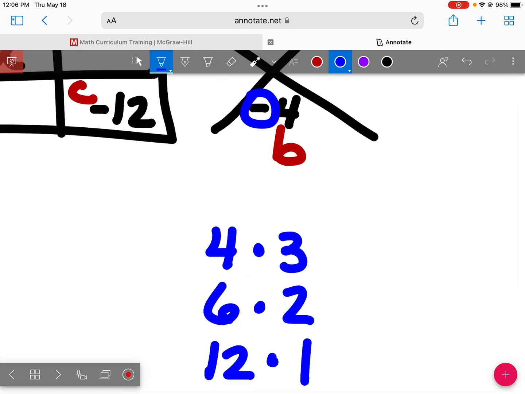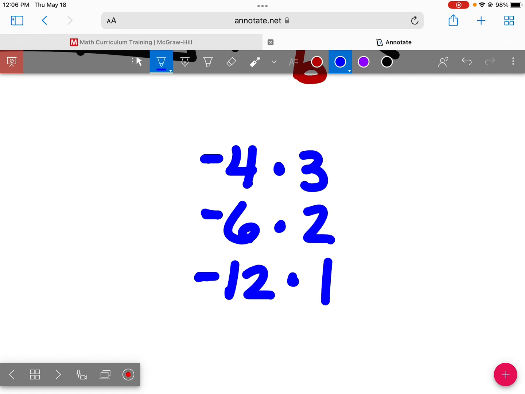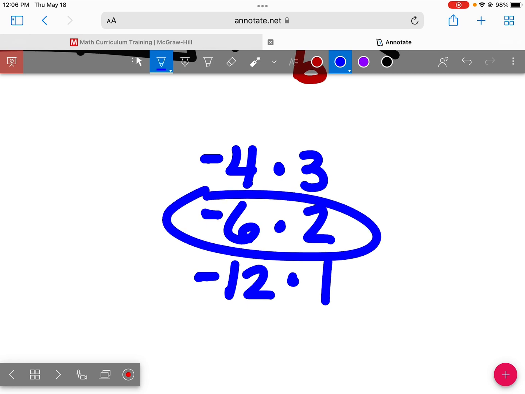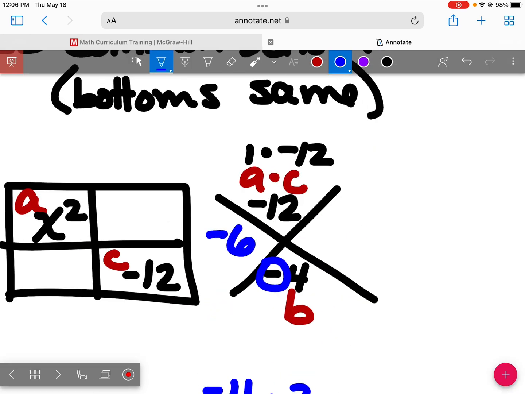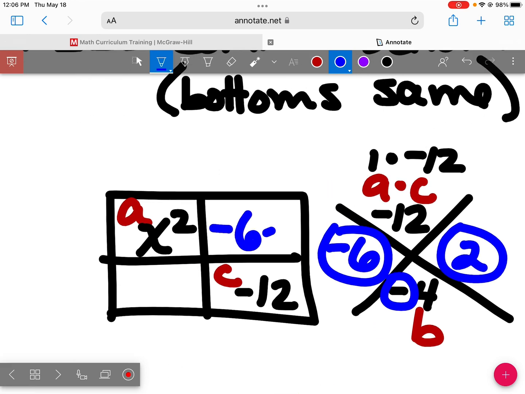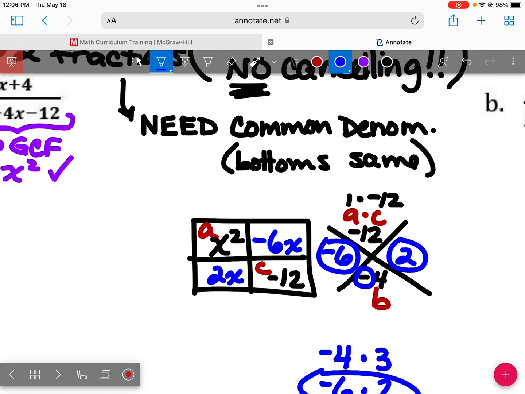B is a negative, so the bigger number in each pair would have to be a negative. Which one of these pairs, when I add them together, gives me negative 4? Negative 6 and 2. So negative 6, positive 2, negative 6x, positive 2x.